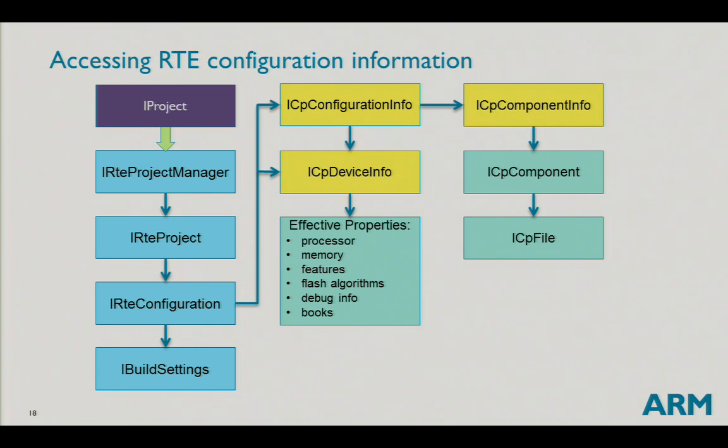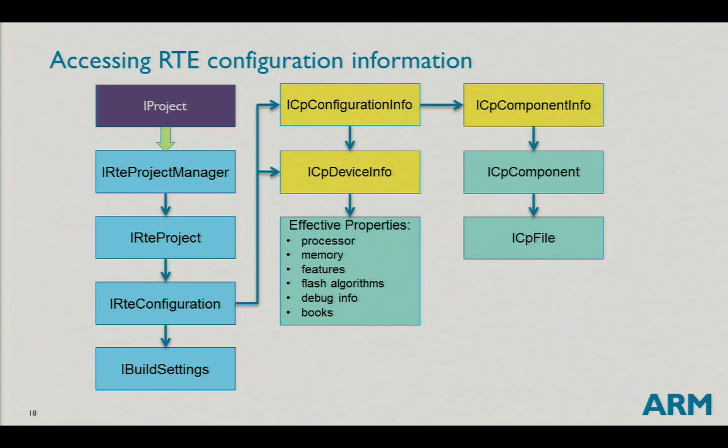Quite simple and straightforward. You just need an IProject, and everyone knows how to get an IProject, I assume, for any selected resource or any application. Then you pass it to the project manager, get the project, get its configuration, and you can query build settings.